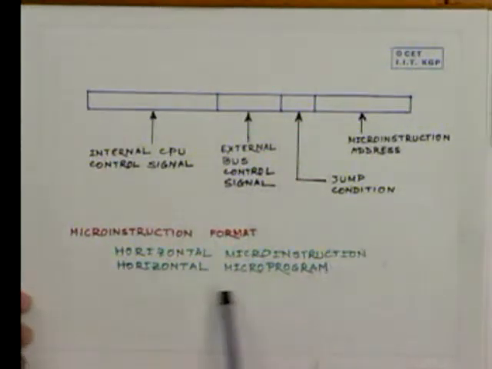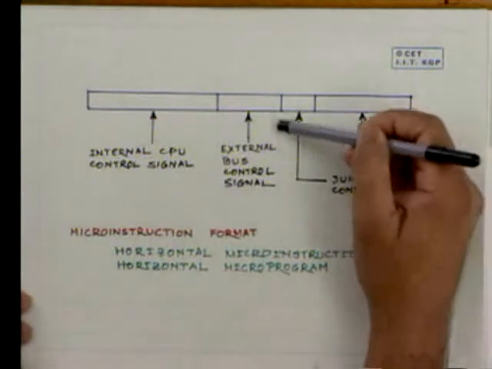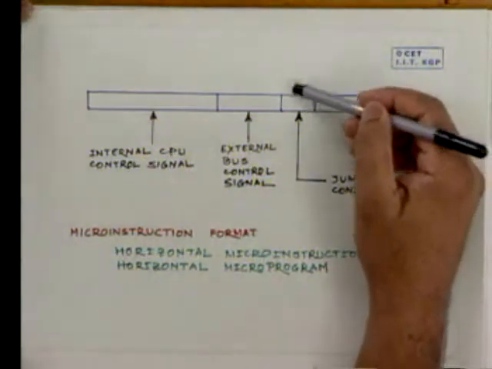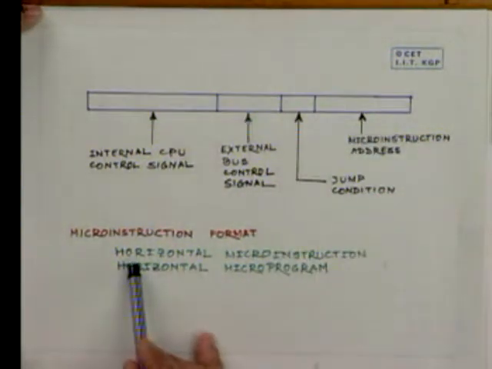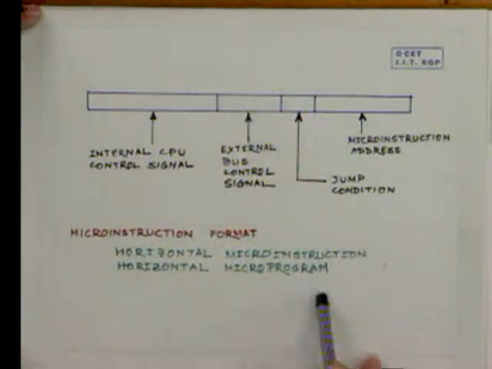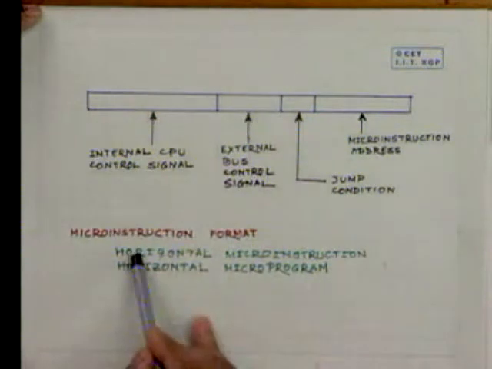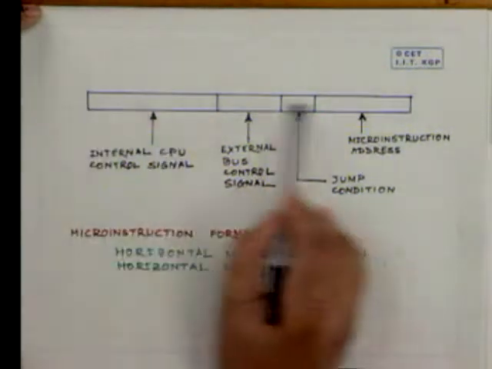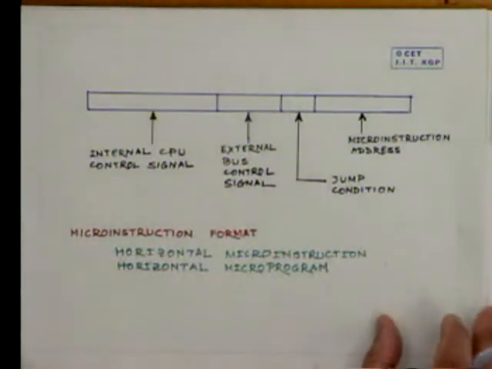And if we write a program consisting of horizontal micro instructions, then we call it a horizontal microprogram. Each horizontal micro instruction will have a format like this.